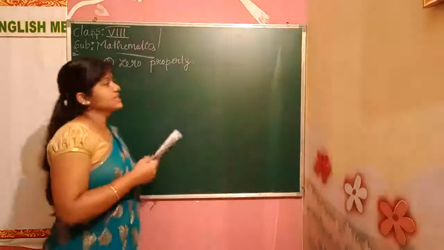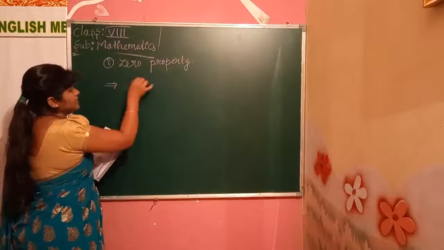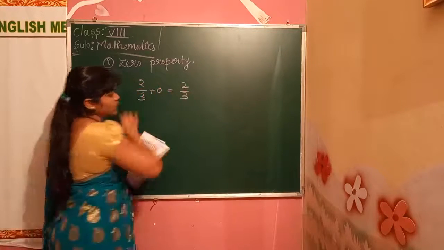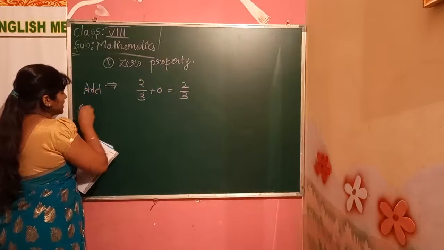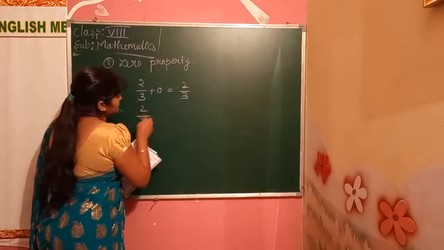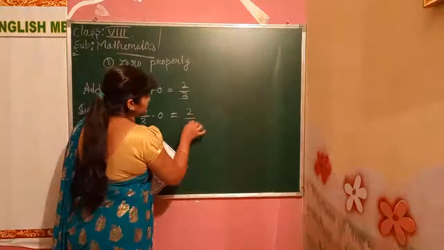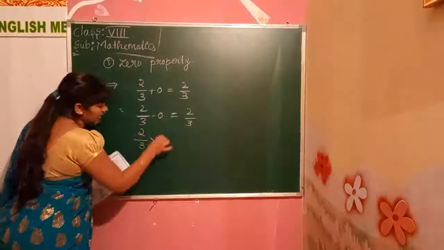So we'll see in the rational numbers, when we add 0 to any number, we get that number only. That is the addition property. Subtraction: when we subtract 0 from any number, we get that number only.